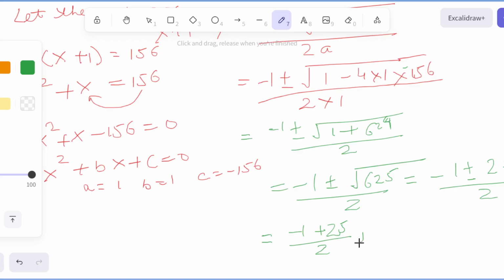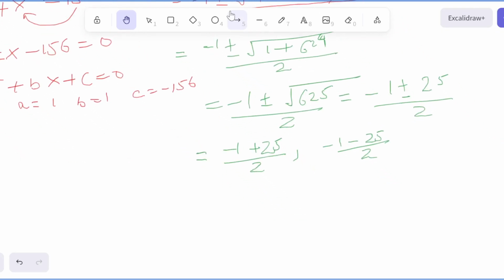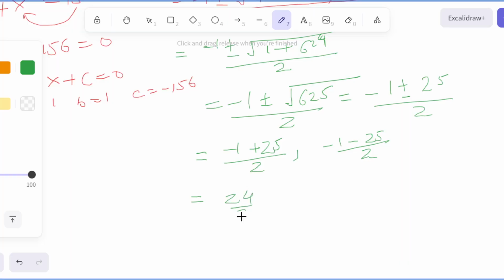So this will be minus 1 plus 25 upon 2, and this will be minus 1 minus 25 upon 2. So plus minus is minus, right? So let me create a space for me. Yeah, so this is going to become 24 upon 2, which is basically 12.